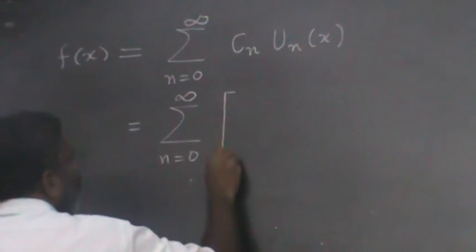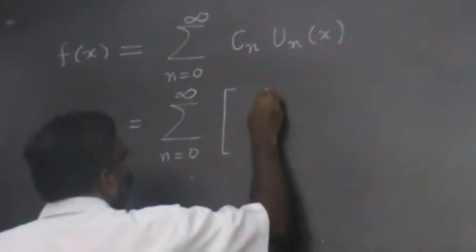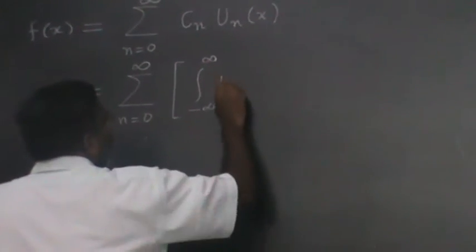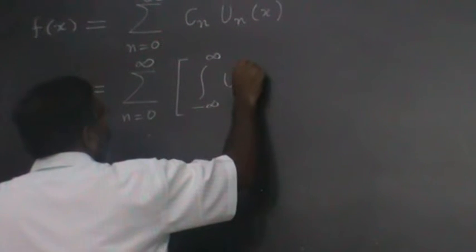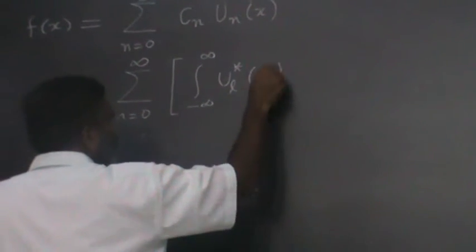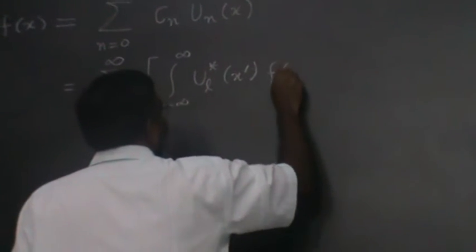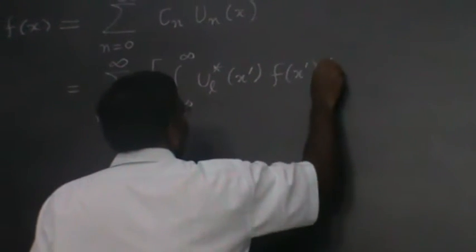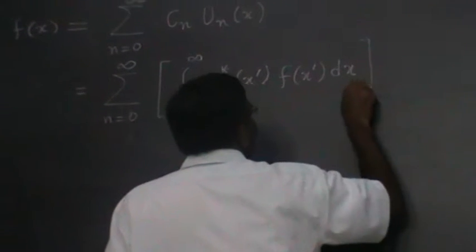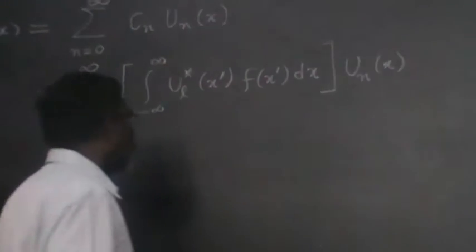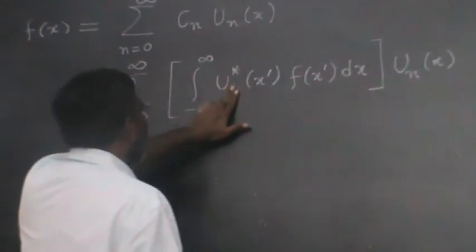The Cn I will write as the integral from minus infinity to infinity of un star of some x prime, because this is under the integration, times f of x prime dx prime, times un of x. Sorry, that is un.